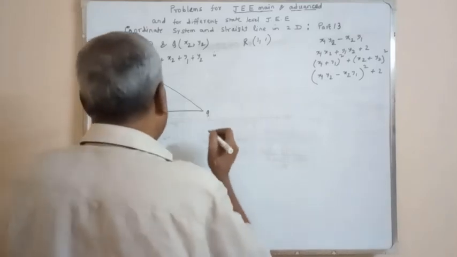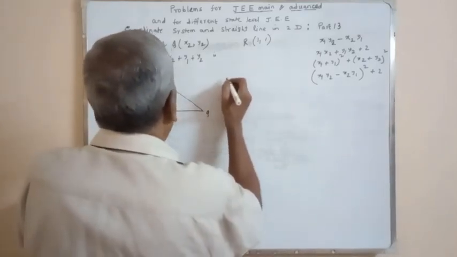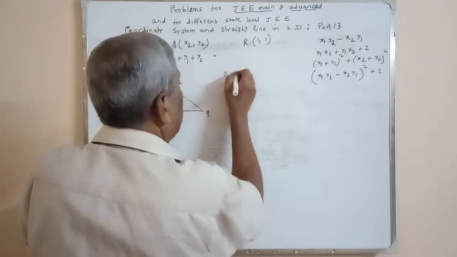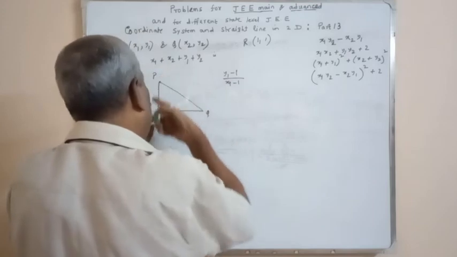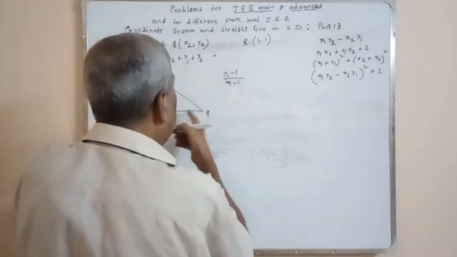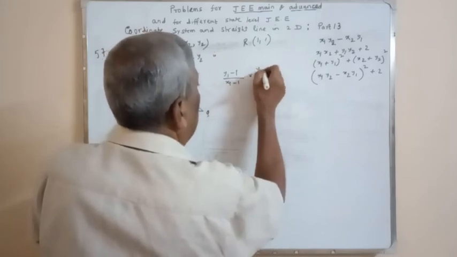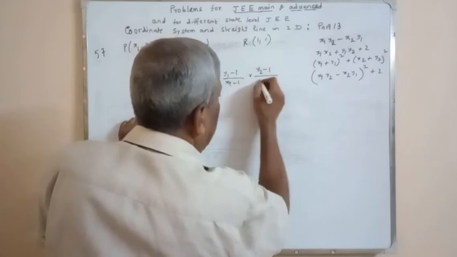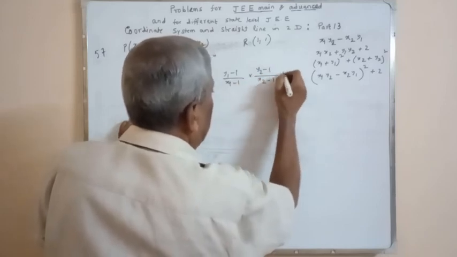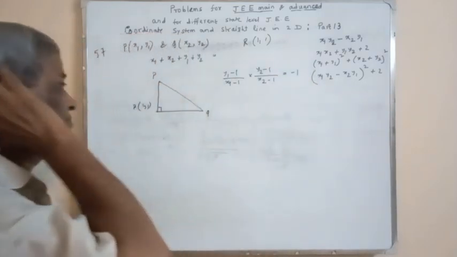That is, gradient of PR means (y1 minus 1) by (x1 minus 1), and gradient of QR is (y2 minus 1) by (x2 minus 1), their product is equal to -1.